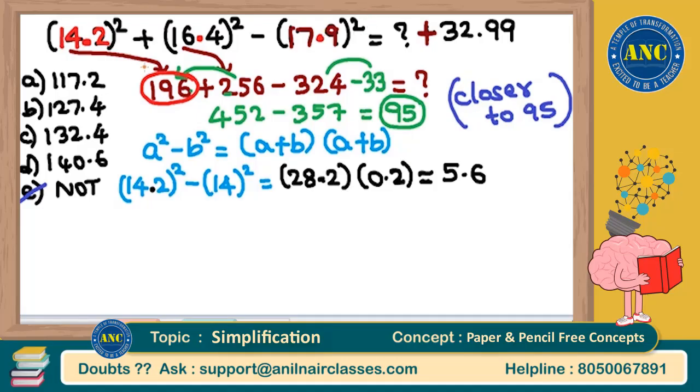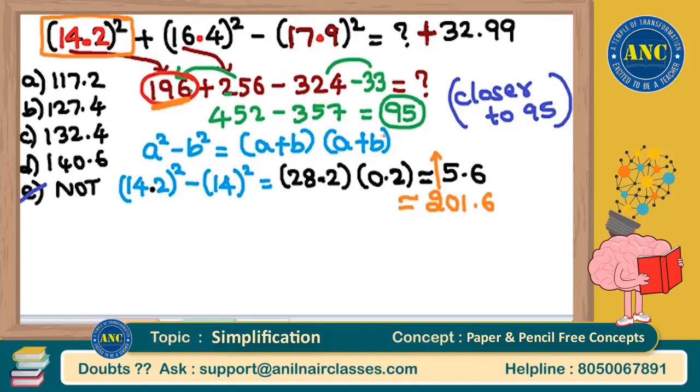That means, can I say, everyone listen carefully sir, can I say that 14.2 whole square value is 5.6 more than 196. 14.2 whole square value approximately is 196 plus 5.6, which is 201.6. Approximately it is, right, which is 201.6.